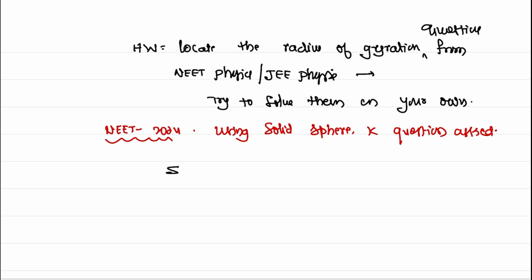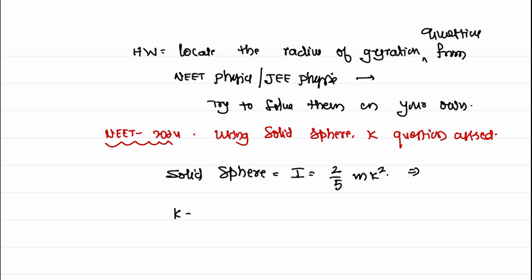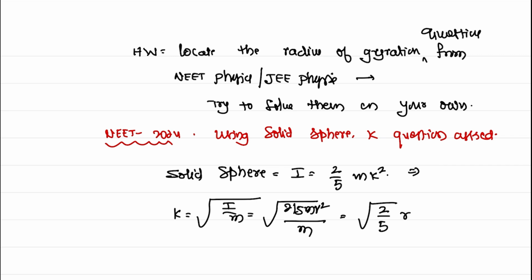For a solid sphere, I is equal to 2 by 5 m r square, then k is equal to square root of I by m, that is equal to square root of 2 by 5 m r square divided by m, that is equal to square root of 2 by 5 into r, where r is the radius of the sphere.